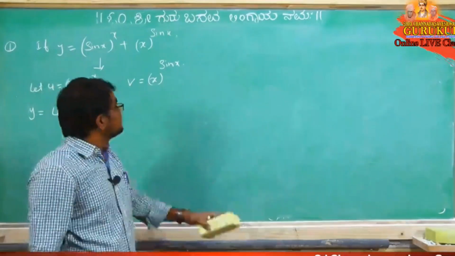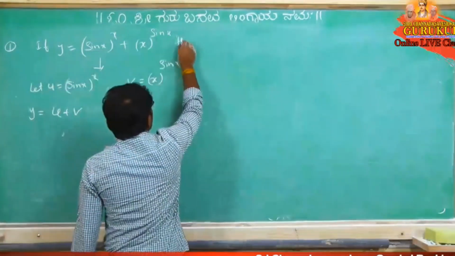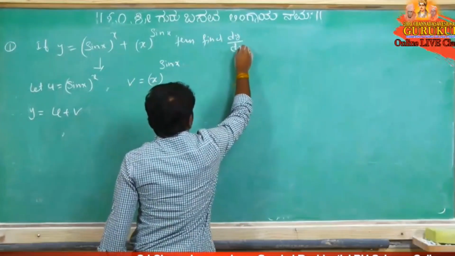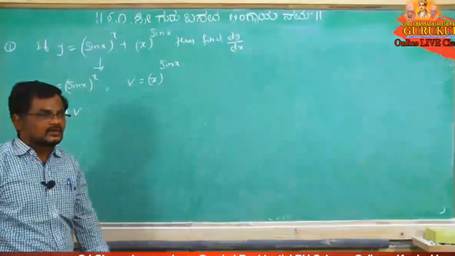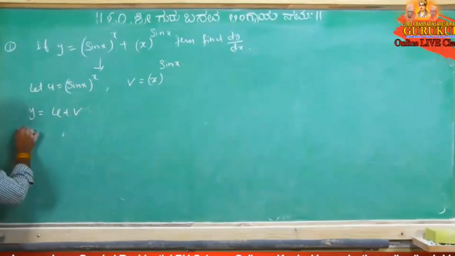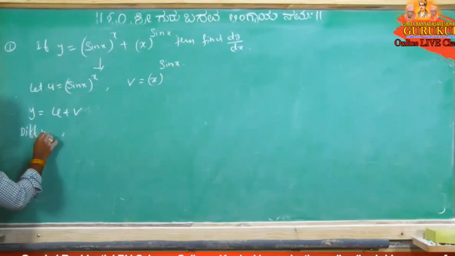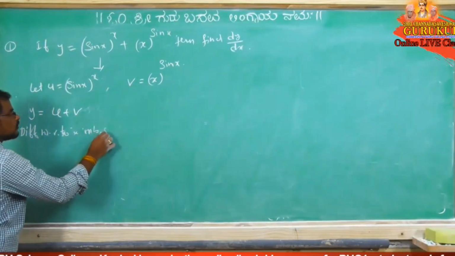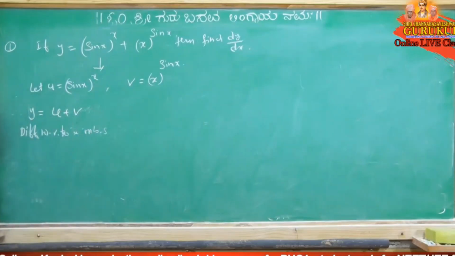What do we have to find here? Find dy by dx. How to get dy by dx? Differentiating with respect to x on both sides.